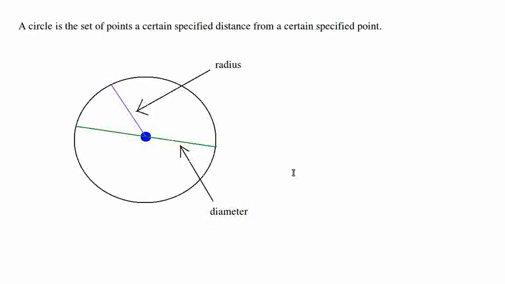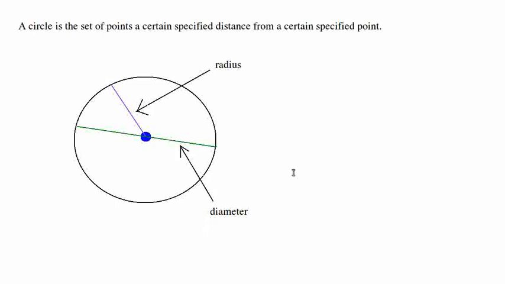Now, what does it mean to say that two circles are congruent? Let's talk about that. So remember that two figures are congruent if they have the same size and the same shape. All right. So if two figures are circles, then they have the same shape. How can we determine if they have the same size?